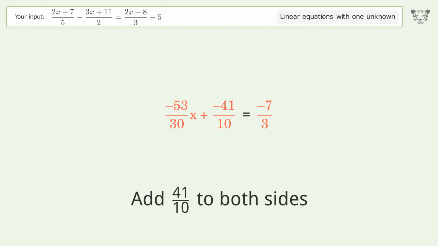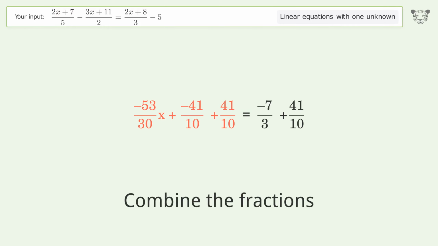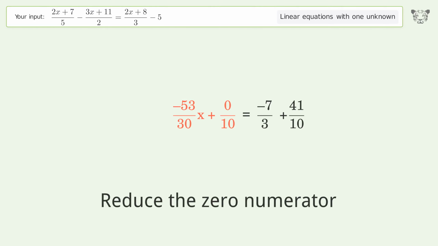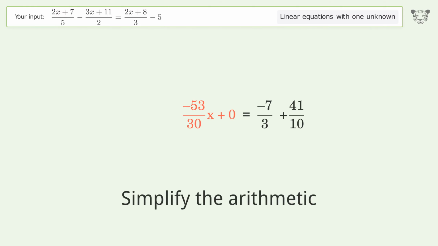Add 41/10 to both sides. Combine the fractions. Combine the numerators. Reduce the zero numerator. Simplify the arithmetic.